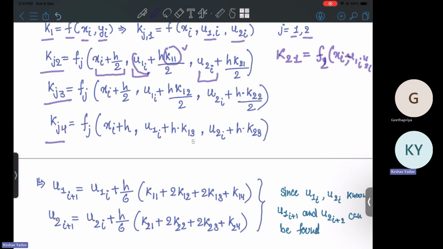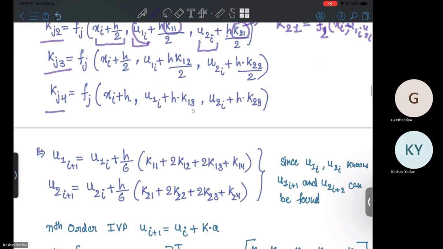Similarly, in this case, u2 at ith point, then plus h by 2, then the multiple k1 from the second equation. Similarly, if I am writing k3, so u1 at ith plus h by 2 multiplied by the k2 value from the first equation. Similarly, u2 plus h by 2 k2 value from the second equation.